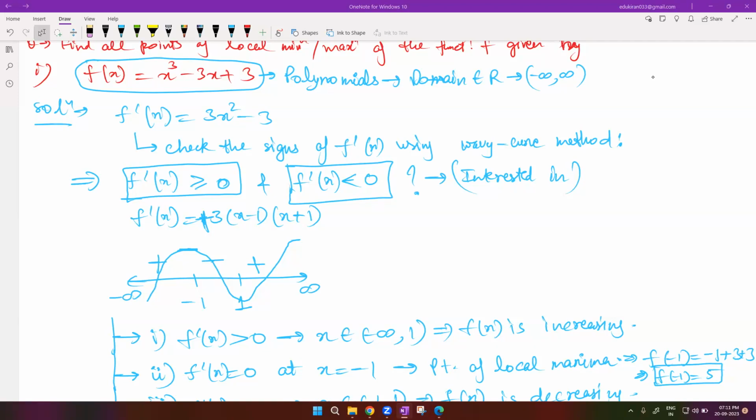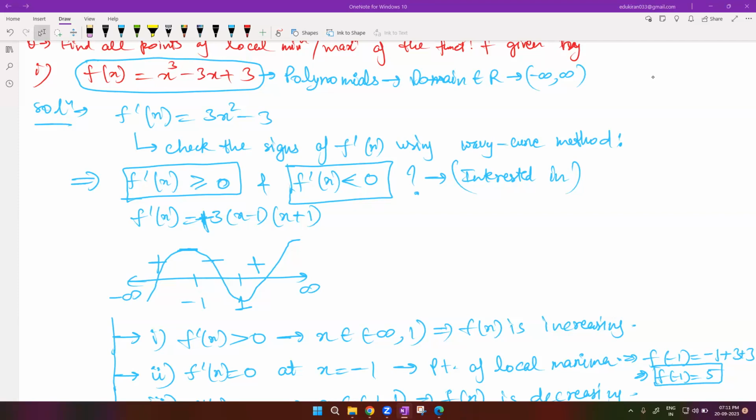I'll also tell some of the steps that we can actually perform better in this case. But this was the first question. That is why I have shown you the full solution and full method.